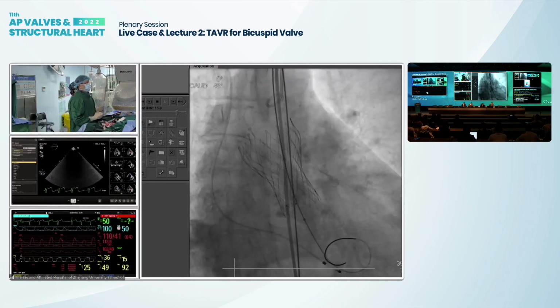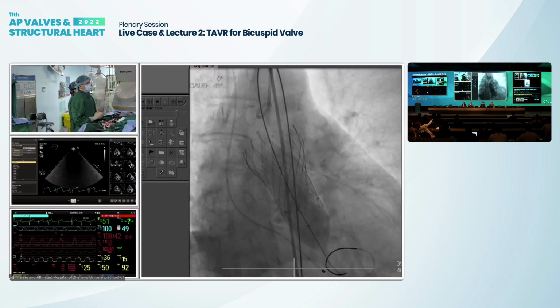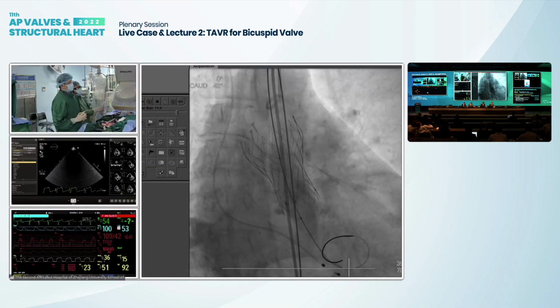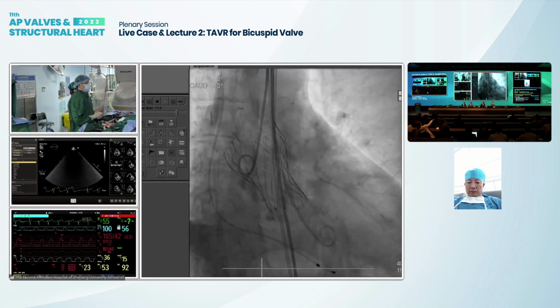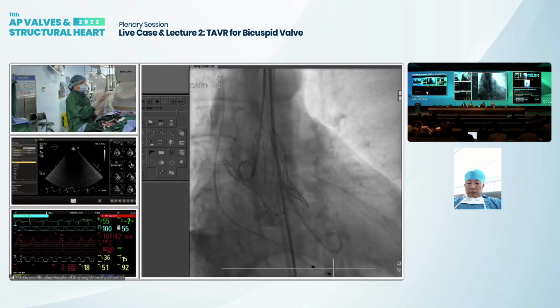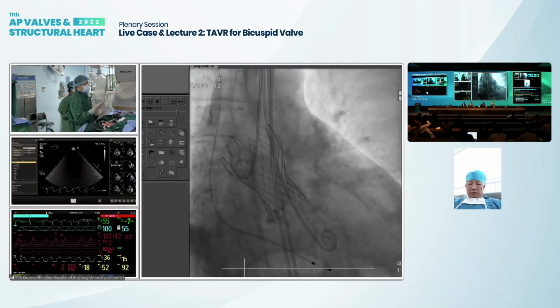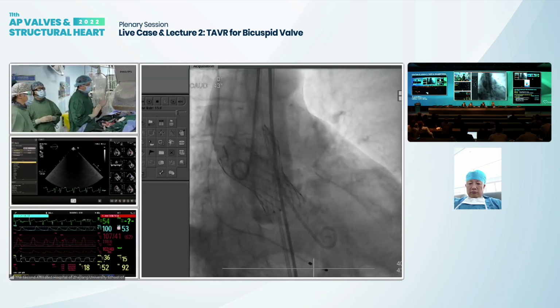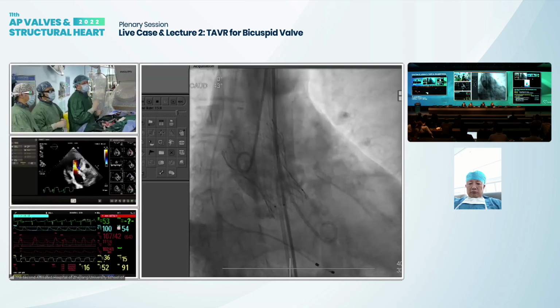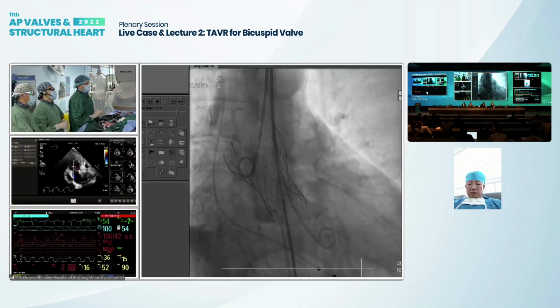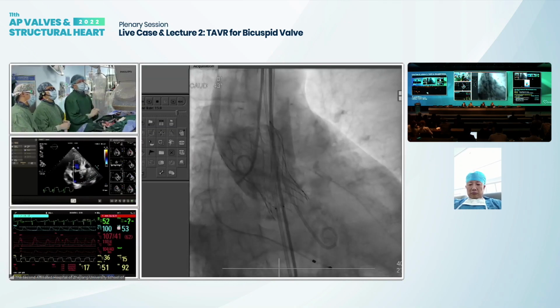We did the post dilatation with the same balloon, 23 balloon. So after post dilatation, we measured. Here's the last shot. You can see only mild regurgitation. Also, we did the echocardiography. It's also mild aortic regurgitation. The pressure gradient is almost gone.